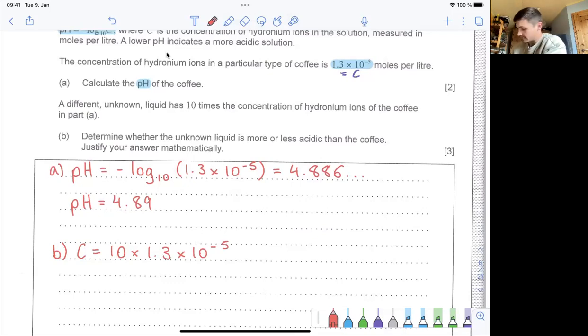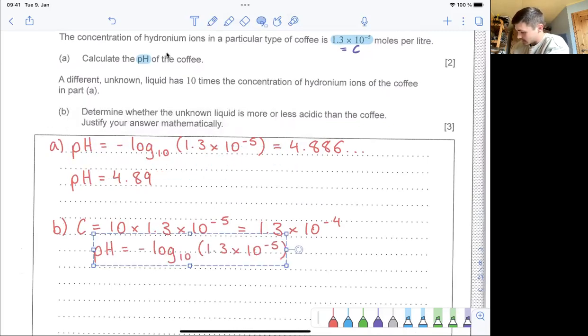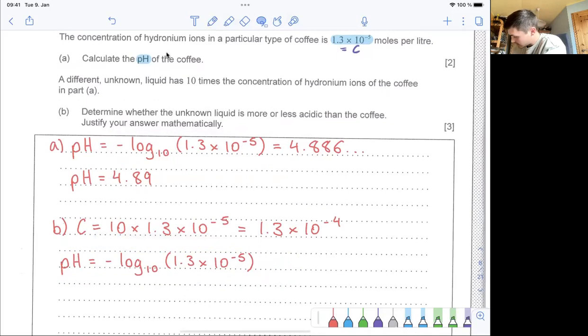Now, you could probably figure out that that would just change this power here to being -4, which we can do. So 1.3 times 10 to the power of -4. And then, yeah, we'll just lob that into our calculator and we'll find what the acidity will be. So I'm just going to copy this down here, change this 5 to a 4.